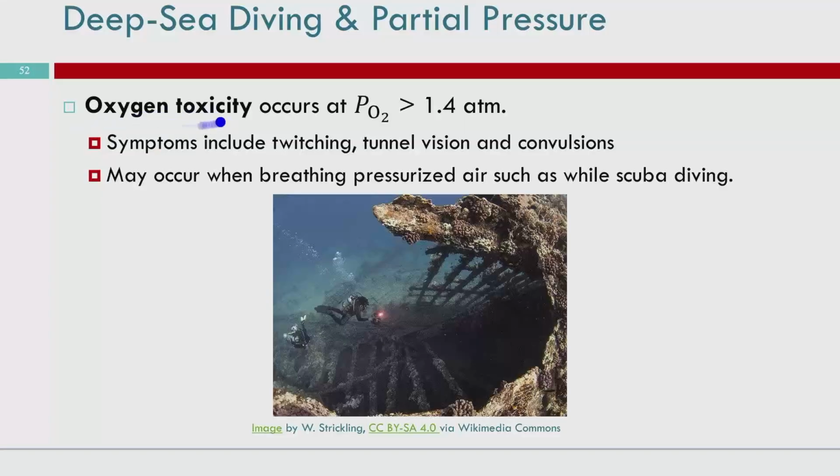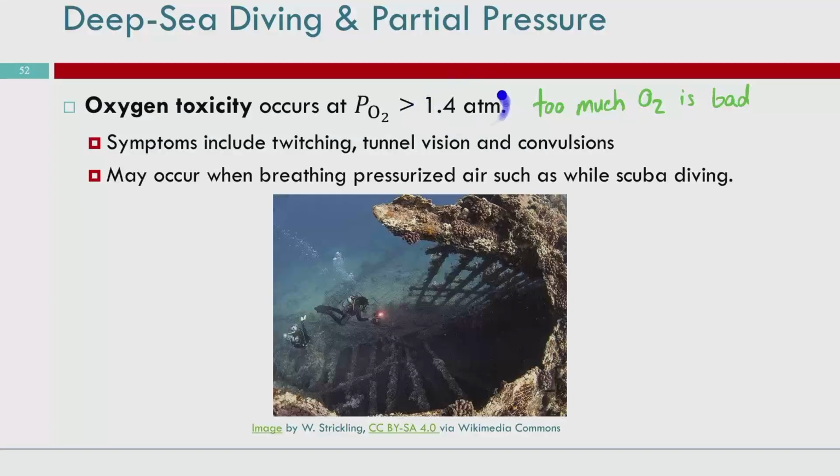Oxygen toxicity also occurs. So it was hypoxia on the previous slide, it's toxicity here. I don't usually test you on these because this isn't a medical class. Oxygen toxicity can also occur if you get too much of a good thing, it's a bad thing. Too much O2 is bad, actually.